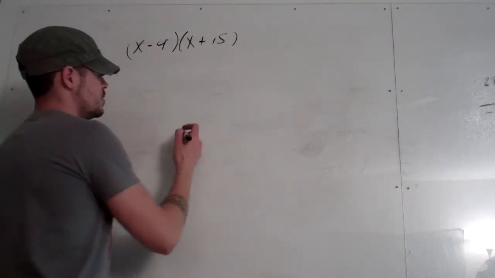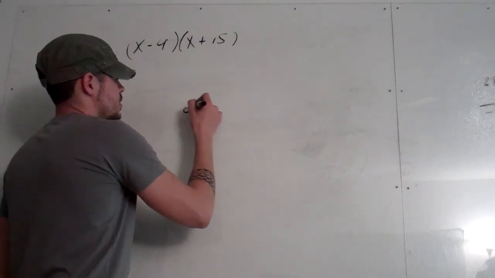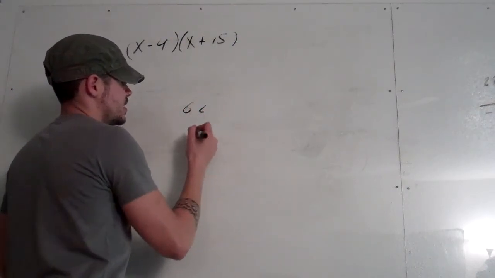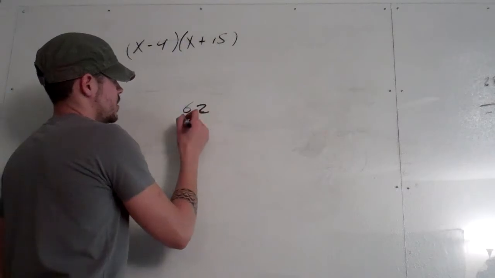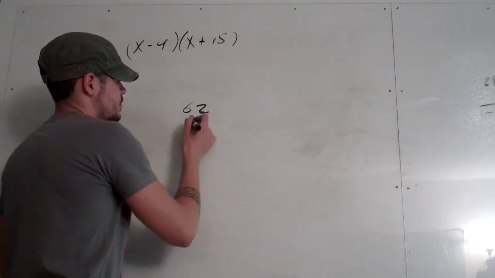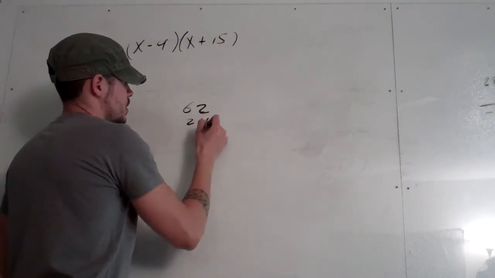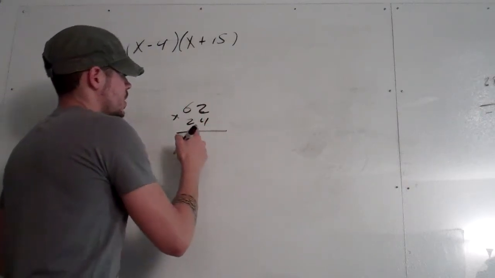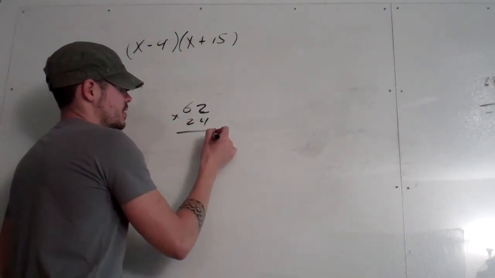What happens when you take two numbers and multiply them? Let's say 62 times, I don't know, 24. Whatever numbers. You multiply this times that, and it is equal to 8.